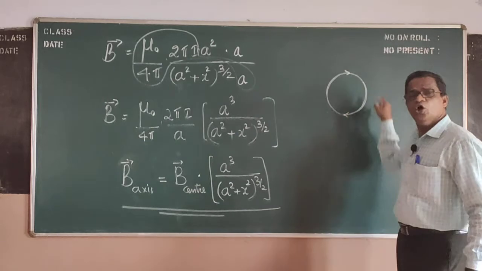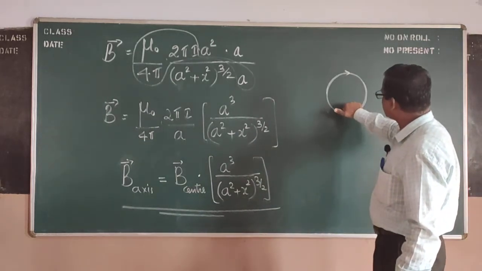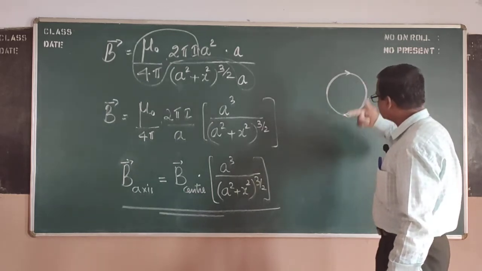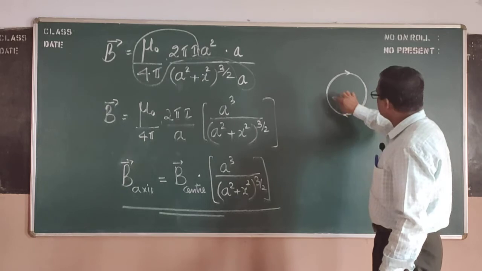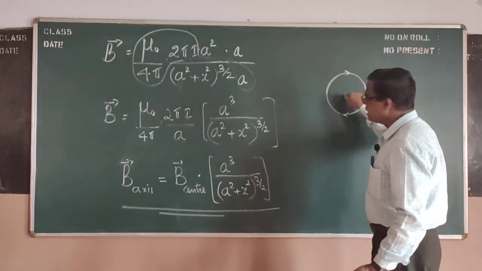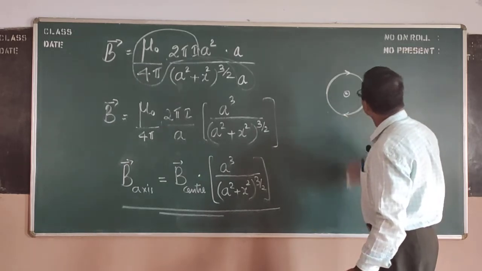So when it is flowing clockwise, I will be holding the hand like this to find the direction of the field around it. Means it goes like this. So inside the loop, from all sides, the field is going into the plane.